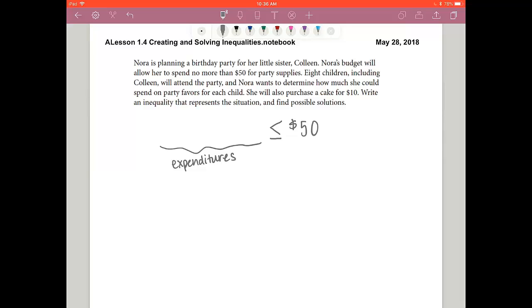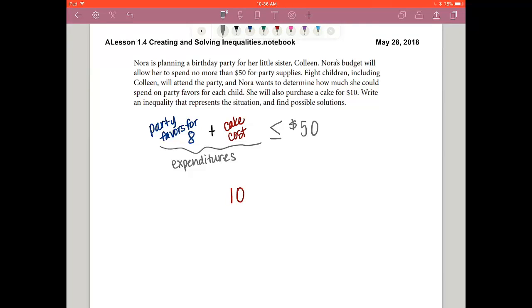Now she has to buy a cake for $10 and she wants party favors for each child. So we have party favors for 8. We also have the cake that costs $10 that we have to add together here.